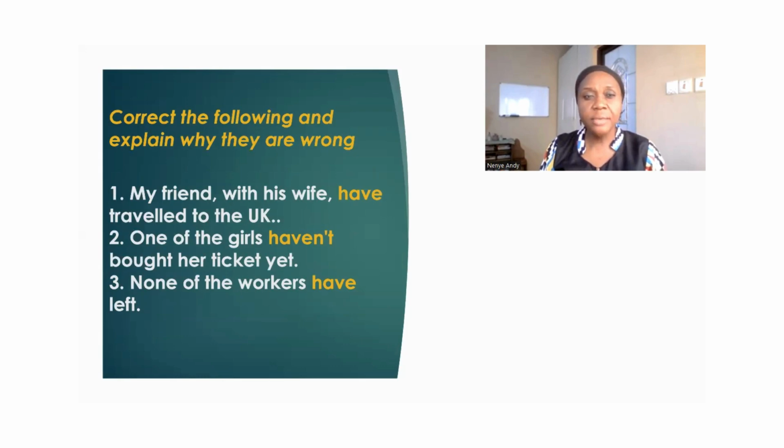Number one, my friend with his wife have traveled to the UK. Now, we need to find out whether this is talking about one person or many. My friend. If we have my friend alone, that will be has. With my friend with his wife, possibly you wrote have.